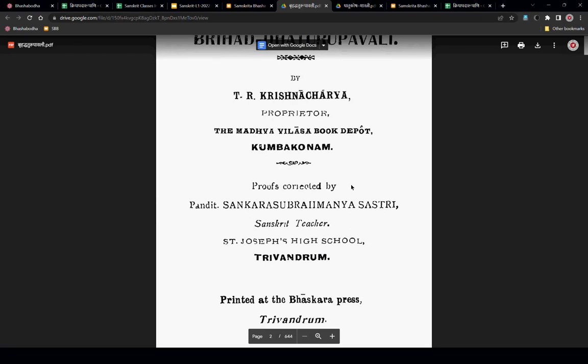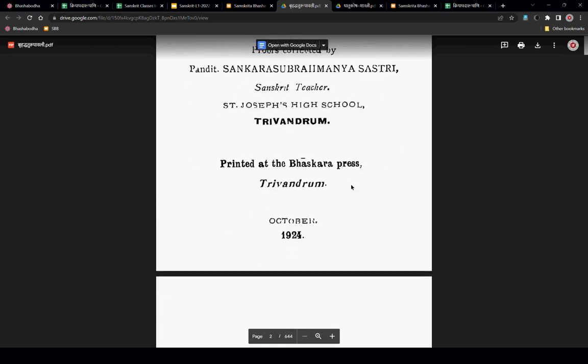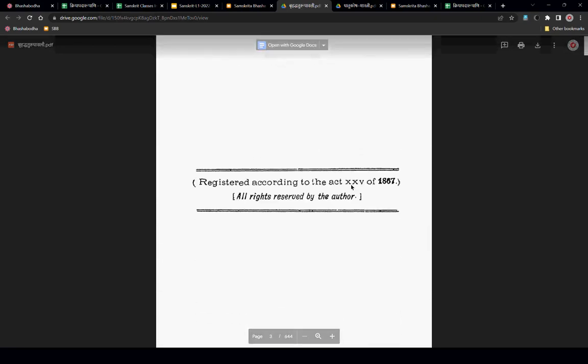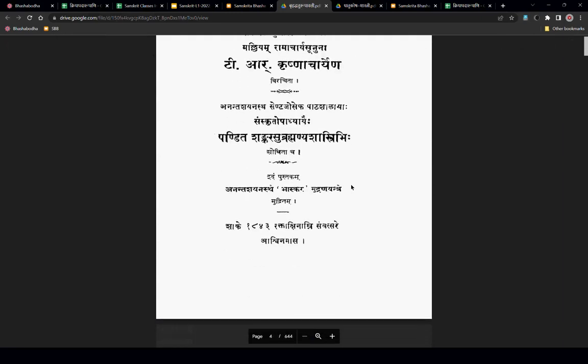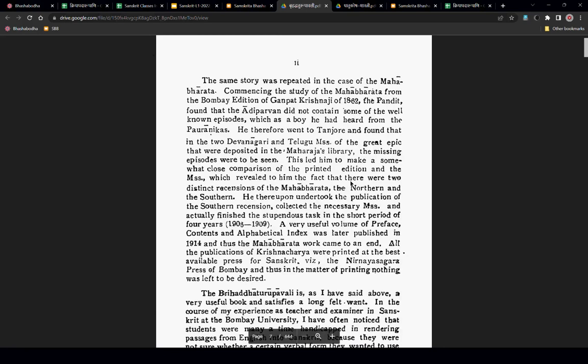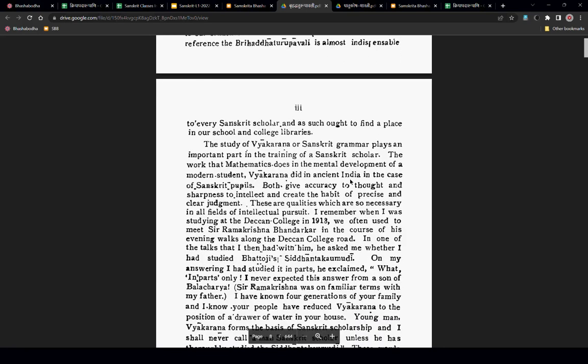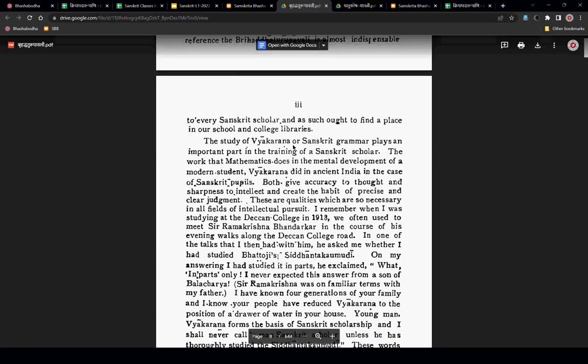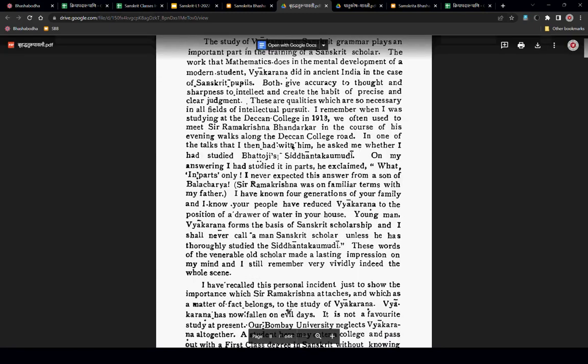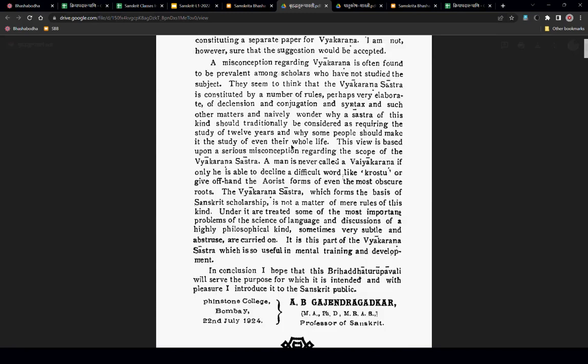Brahadhatu Pavali. Oh, this is in a different order actually. Same thing as the other one I showed you, but this one is easy to find.